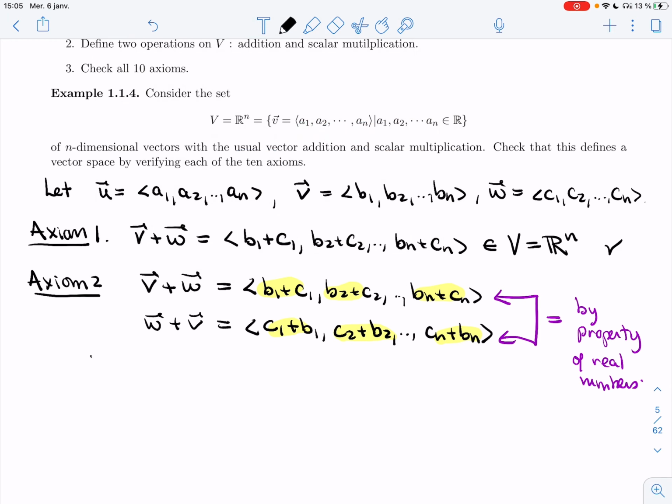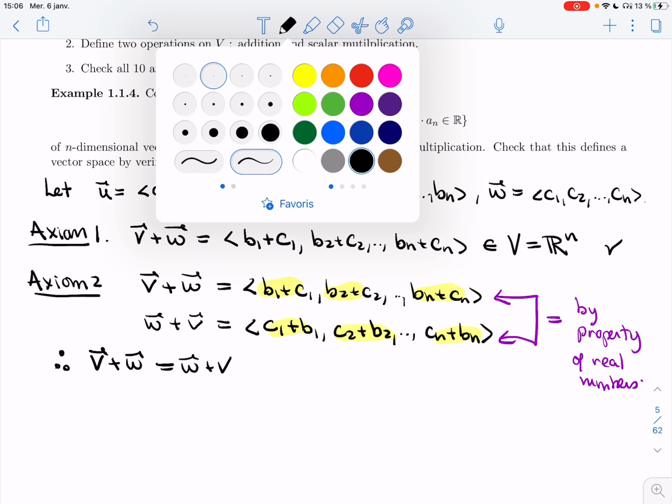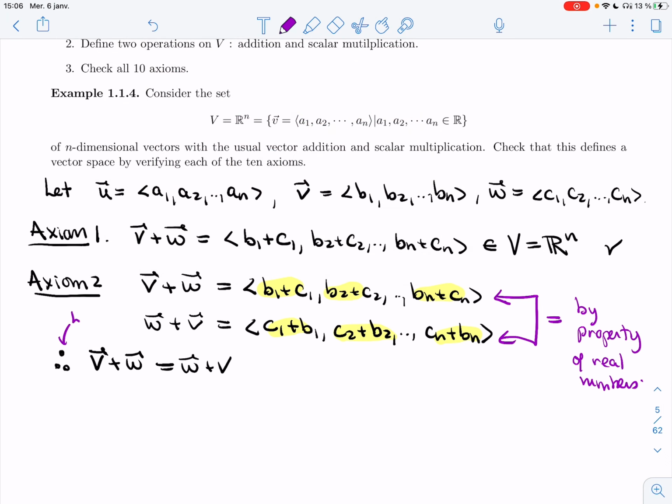And so yes, v plus w is equal to w plus v. All right, so this means, hence. I'll be using these 3 dots to write hence in proofs in the future. All right, so that's axiom 2.